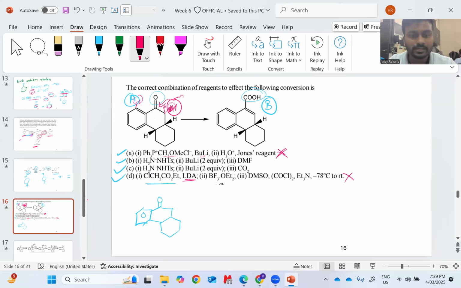Further, if you look at the other set of reagents, in this case there is NH2, NH2, and NH2 the same, so we'll go further. What happened? This NH2, NH2 forms an N-NHTs, right? So this is just imine formation, right?